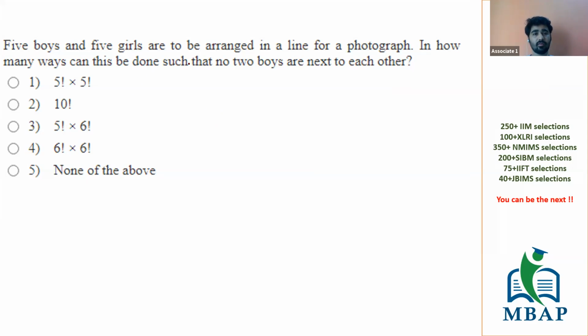So we'll see: five boys and five girls are to be arranged in a line for a photograph. In how many ways can this be done so that no two boys are next to each other?